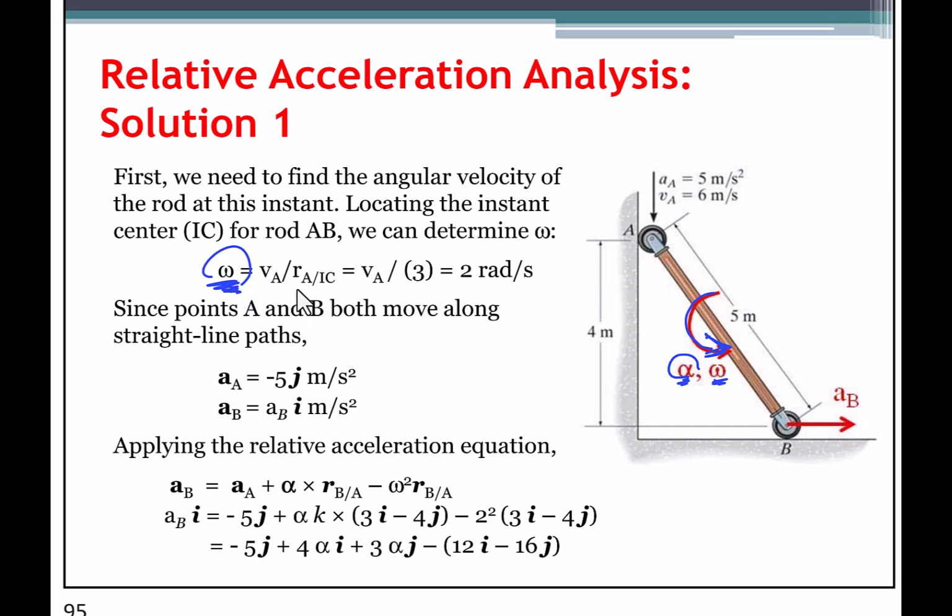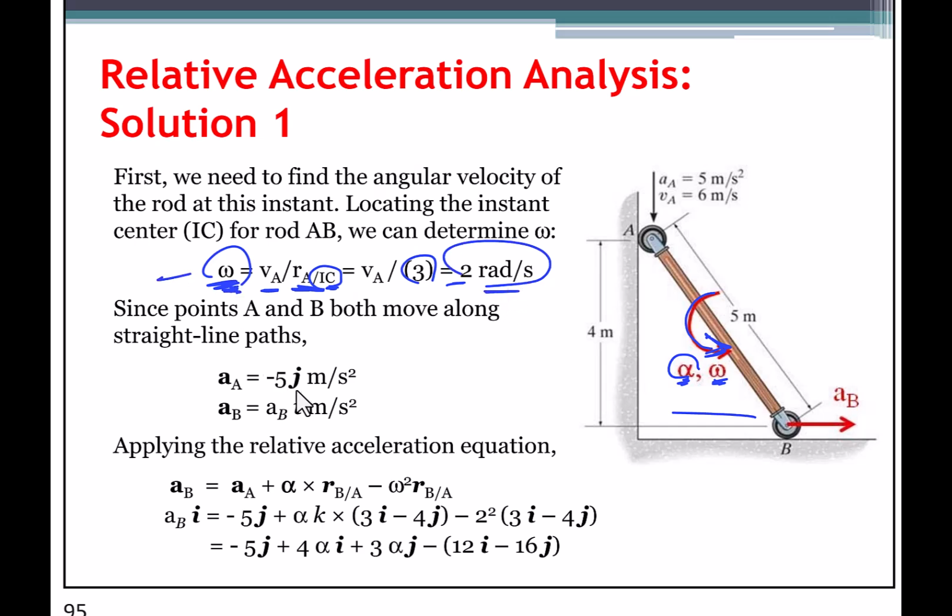What we use is relative to the instantaneous center of zero velocity. So this is VA, the position of R with respect to the instantaneous center of zero velocity, and this is 3, and this gives you 2 radians per second.